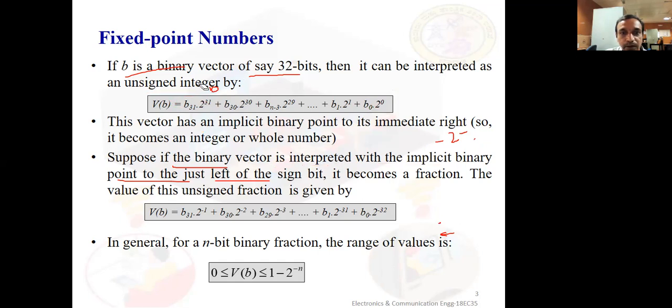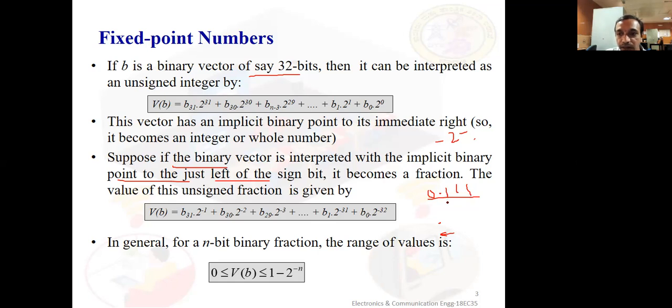Okay. And the range of values would be this, what is for the fraction. For binary, of course, we are showing. So in binary also, if I try to show a number, suppose 0.111, let us say, what is the value of this number unsigned?